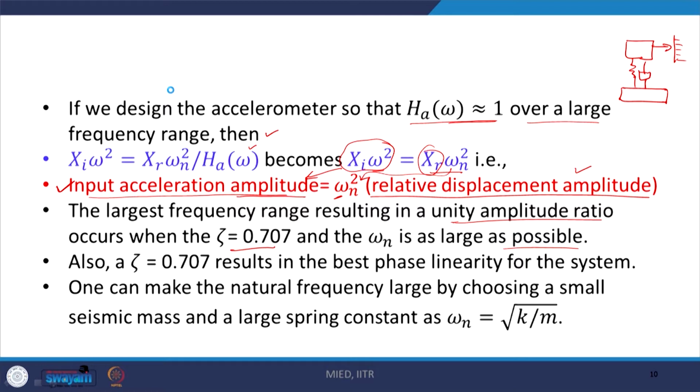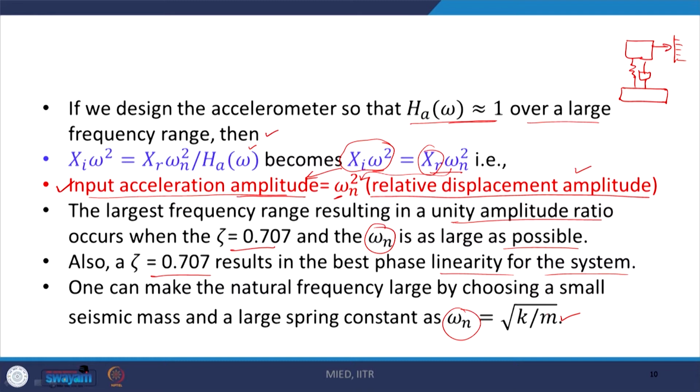And also zeta equal to 0.707 results in the best phase linearity for the system. Now, as I said, we want omega n as large as possible, and how can we make omega n as large as possible? By making this mass as small as possible.